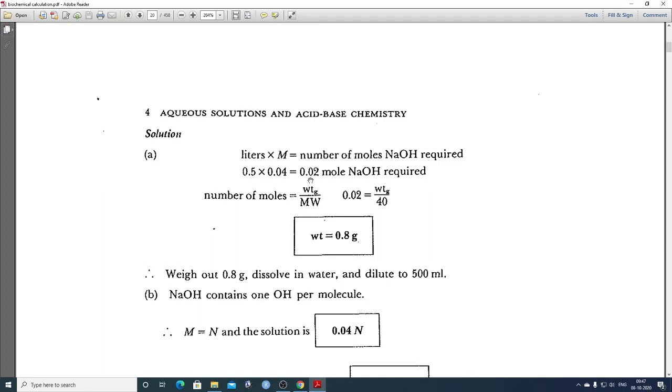If you multiply both of these terms, that is equal to 0.02 moles of NaOH required.